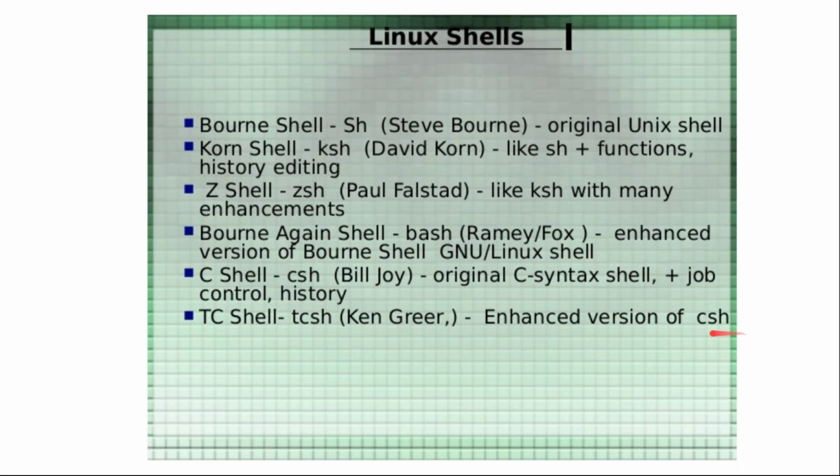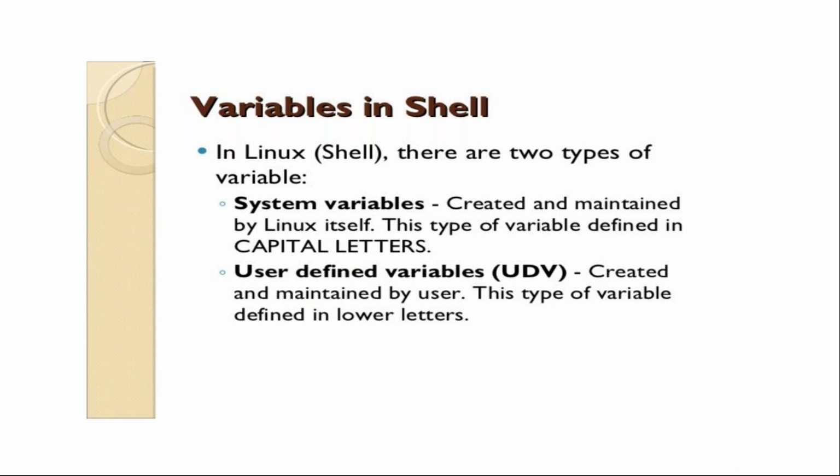TC shell is an enhanced version of the C shell. Similarly, Bourne Again is also an advanced version of the Bourne shell. So by default, you will get the bash shell in your Linux environment or the C shell. These C shell, Bourne shell, K shell are the three shells you will get by default. Other shells you can add by yourself.